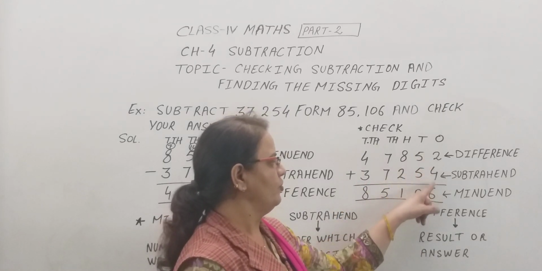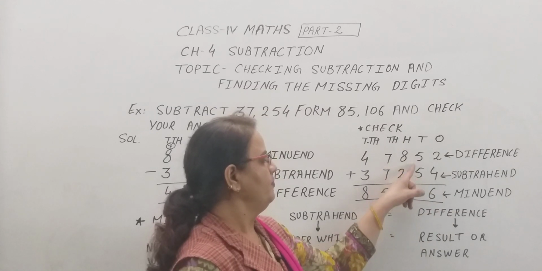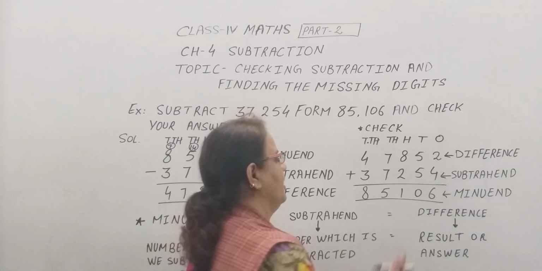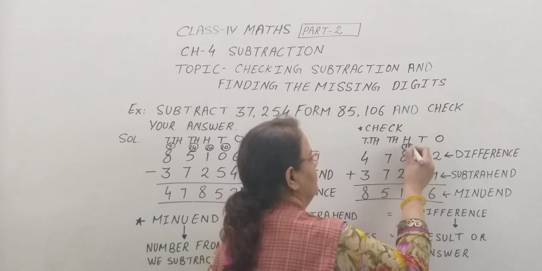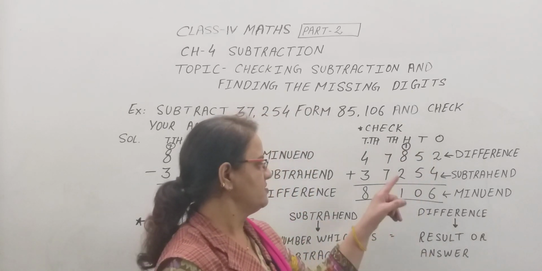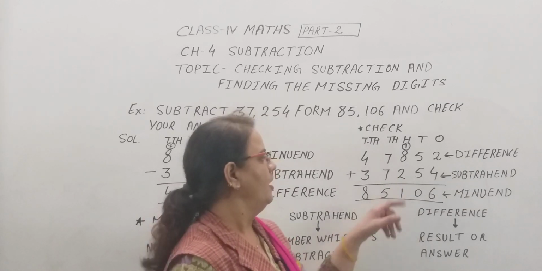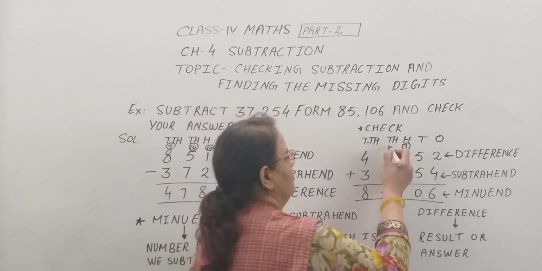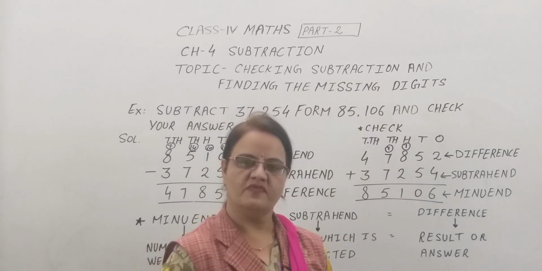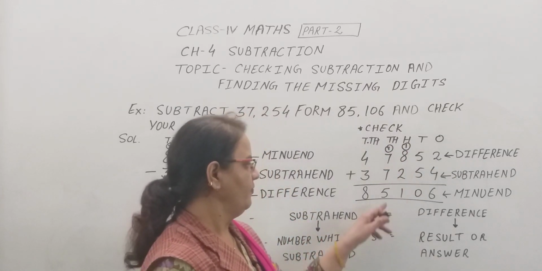So 2 plus 4 equal to 6, 5 plus 5 equal to 10, write 0 and carry forward 1. 8 plus 2 equal to 10. 10 plus 1, 11. Write 1. Again carry forward 1. 7 plus 7, 14. 14 plus 1, 15. Write 5.